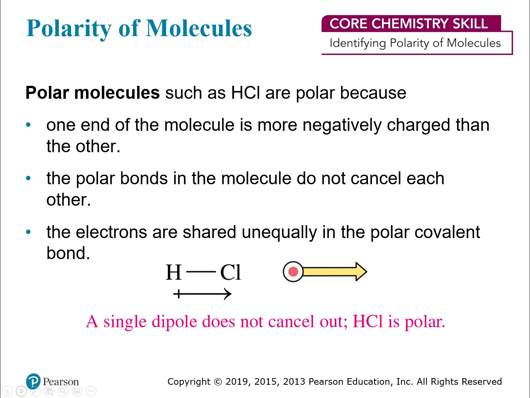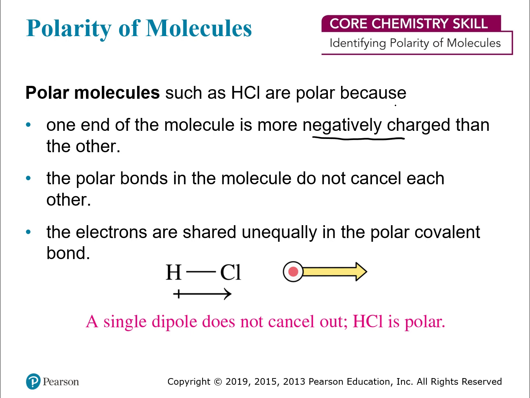With polar molecules, you've got one end of the molecule that's more negatively charged than the other. And if there are polar bonds involved, they don't cancel each other out. So we're looking at unequal sharing of electrons.